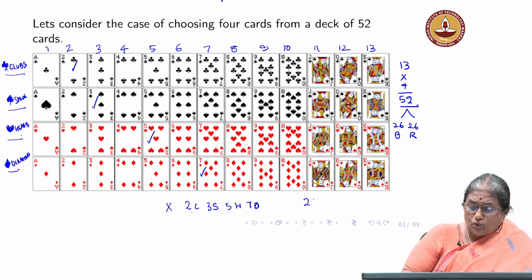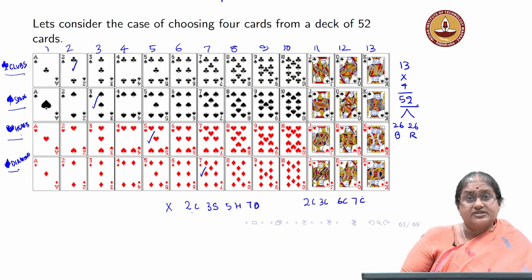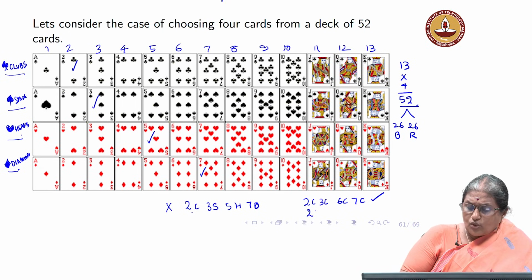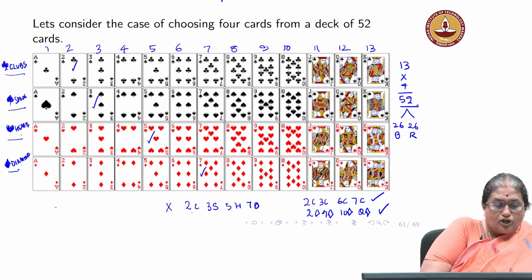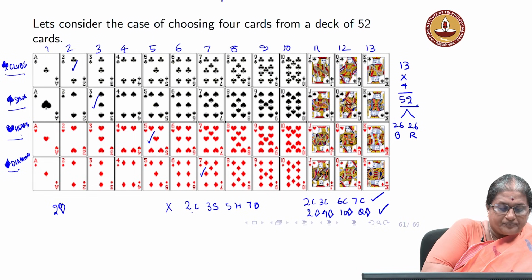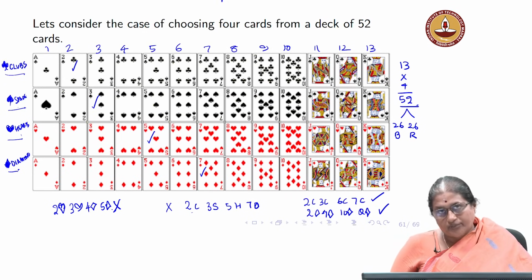If I had a 2 of clubs, 3 of clubs, 6 of clubs and 7 of clubs, this is acceptable. 2 of diamonds, 7 of diamonds, 10 of diamonds and a queen of diamonds is also acceptable. But a 2 of hearts, a 3 of hearts, a 4 of diamonds and a 5 of diamonds is not acceptable.